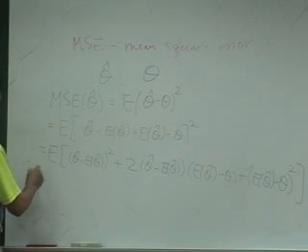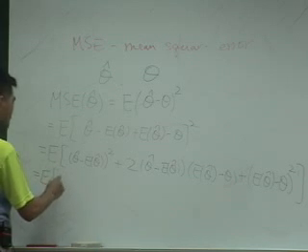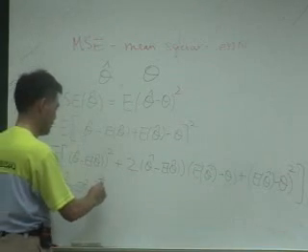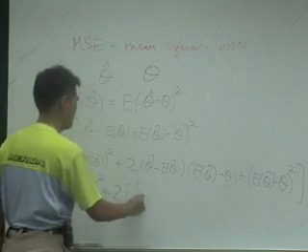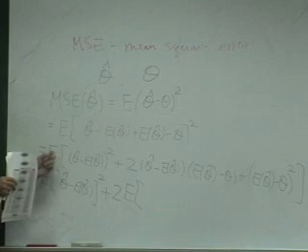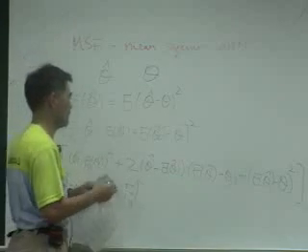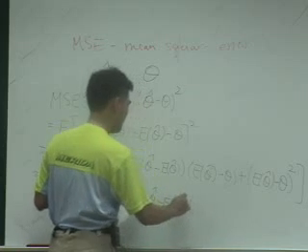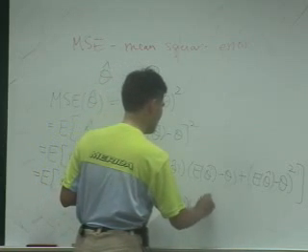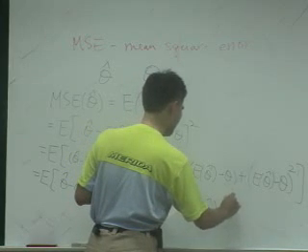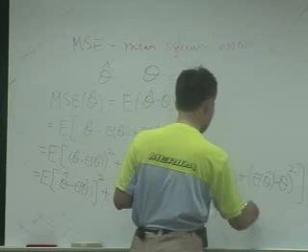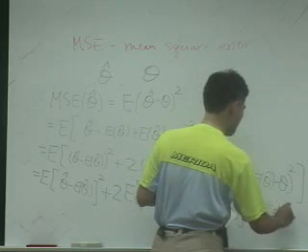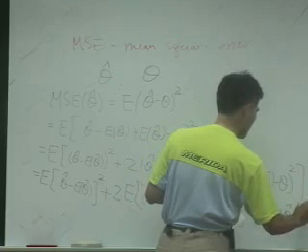And what you get is expectation of (theta hat minus expectation theta hat) squared, plus 2 times expectation of (theta hat minus expectation theta hat) times (expectation theta hat minus theta), plus expectation of (expectation theta hat minus theta) squared.